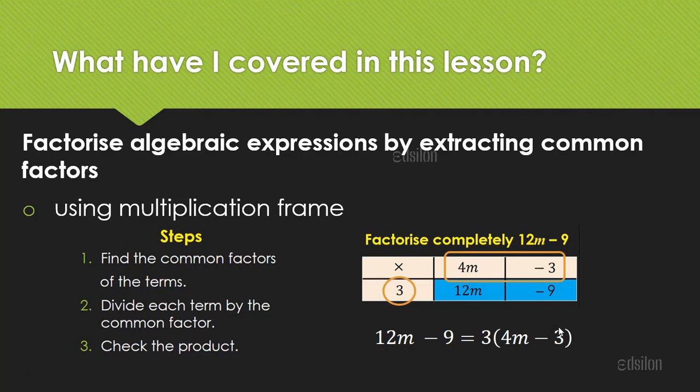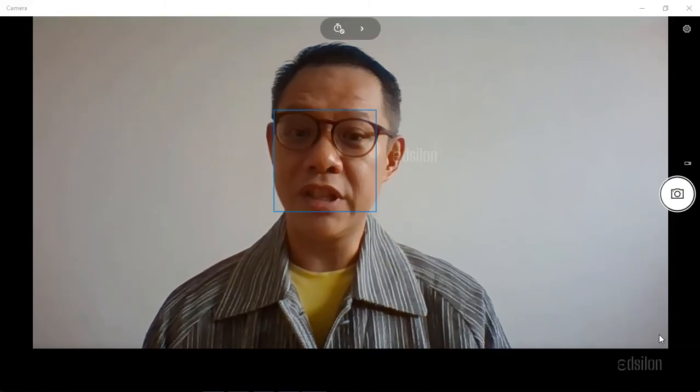So this is possible because expansion and factorization are reverse processes of each other. What is the special name of this equation? Yes, it is called an identity. And what can we say about the expression on the left and on the right of the identity? They are equivalent expressions.